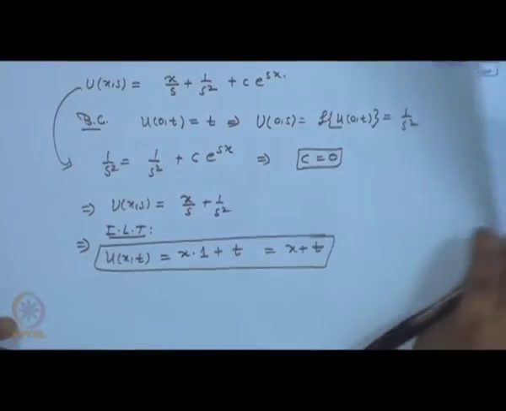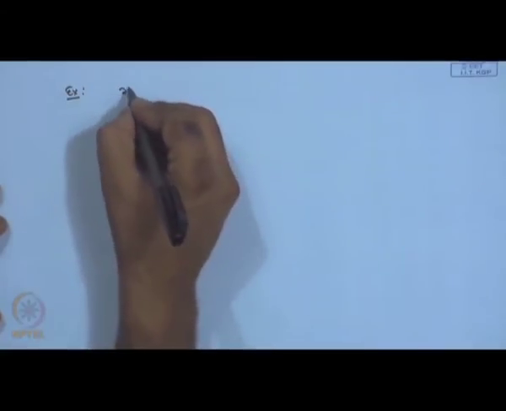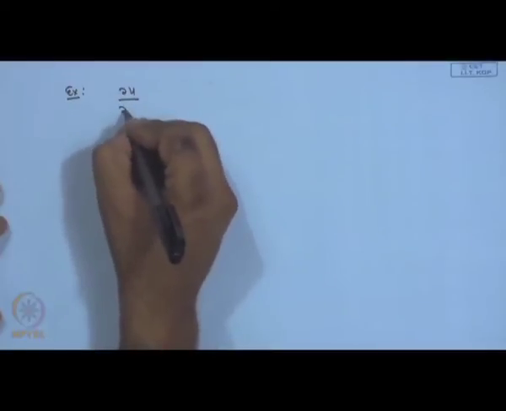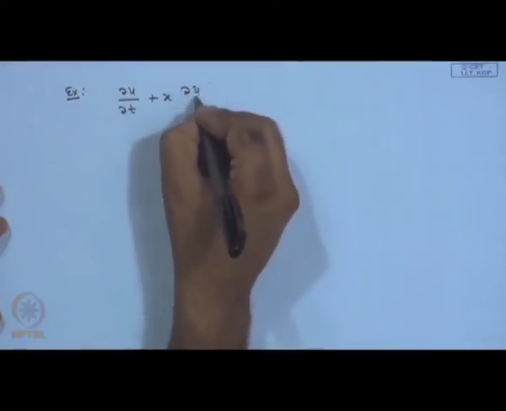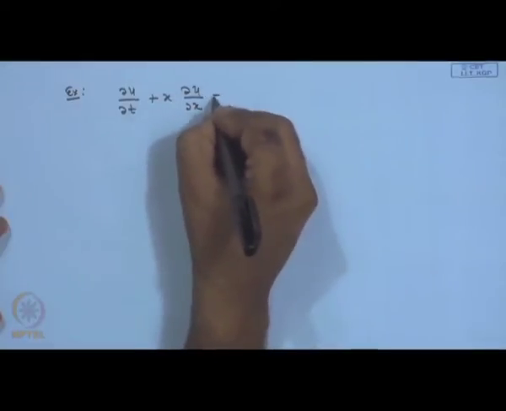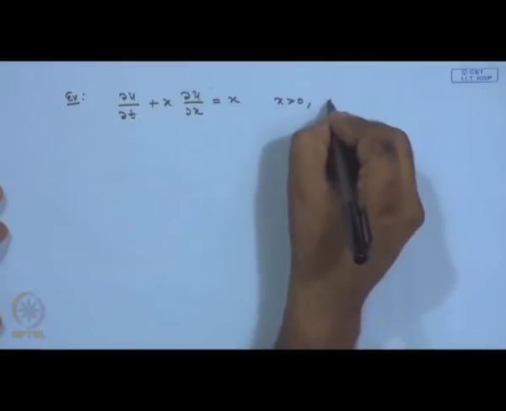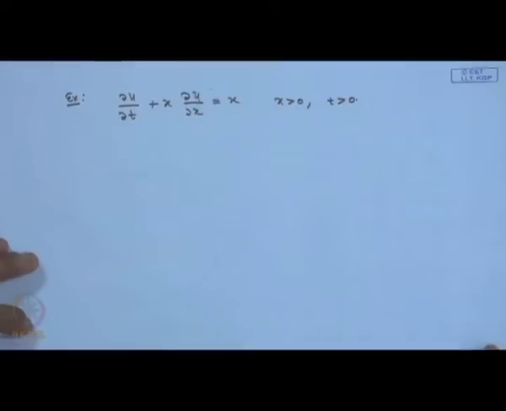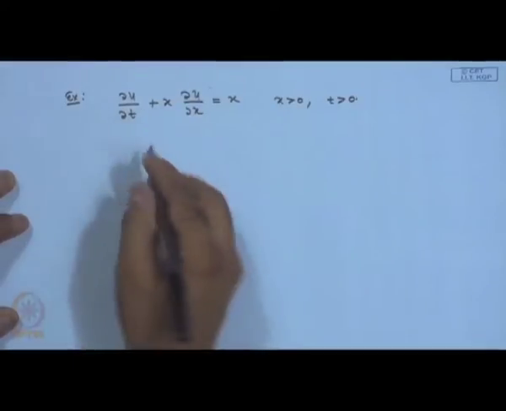Okay, so we go for another case now, and now we take a bit more complicated partial differential equation. So, in this example, we have del u over del t plus x del u over del x equal to x for x positive and also t positive, and with the initial and boundary conditions.